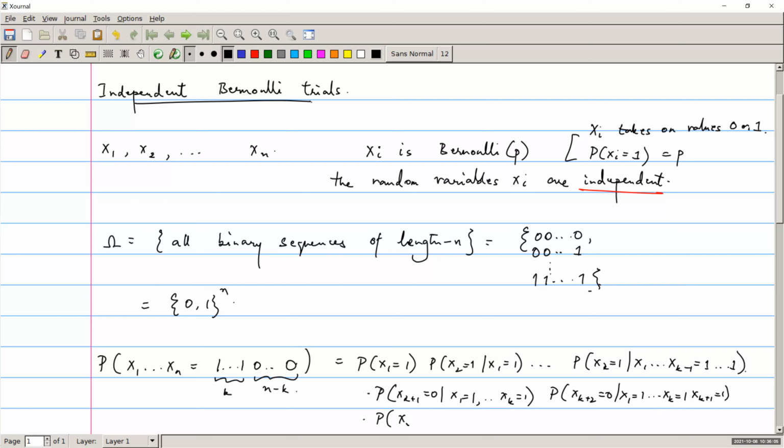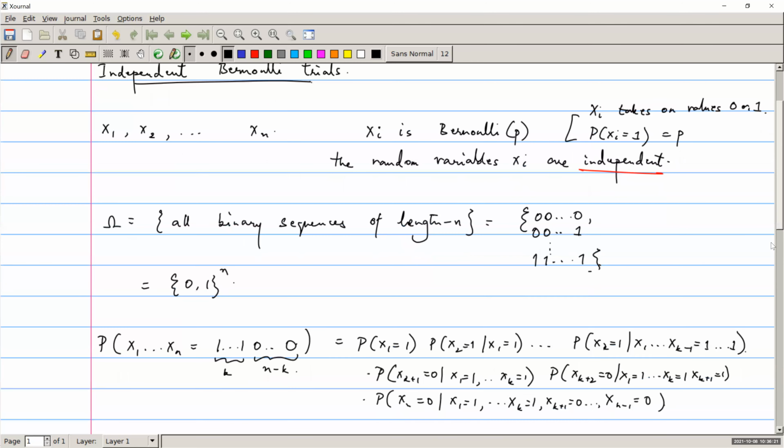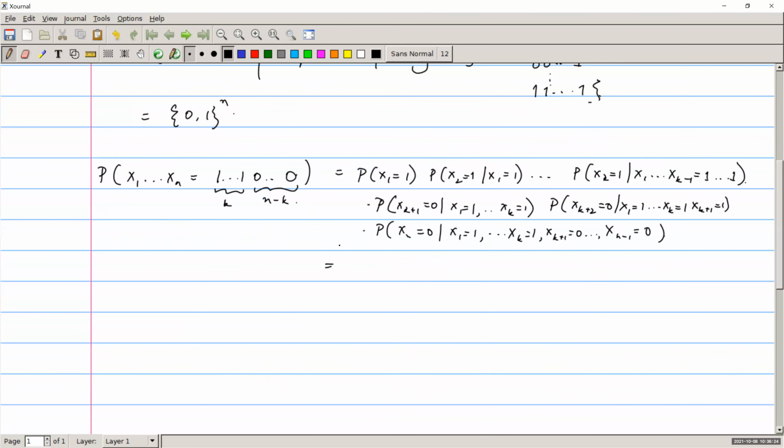Since they are independent, independence tells us that all these conditional probabilities will be equal to their marginals.